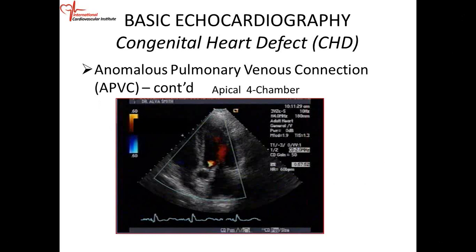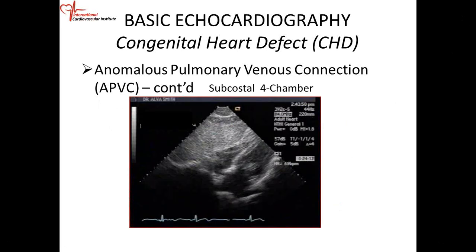All right, so it's the apical 4 or 5 chamber view. This one right here is the right upper, and this is the left upper. Right upper pulmonary vein, and this is the left. I labeled it as lower, but it's actually upper, and the same thing.